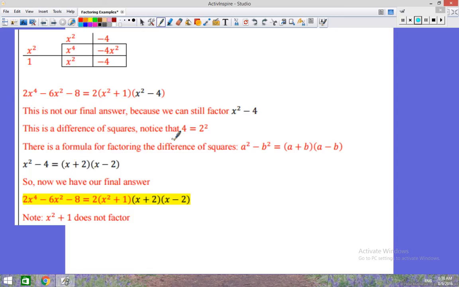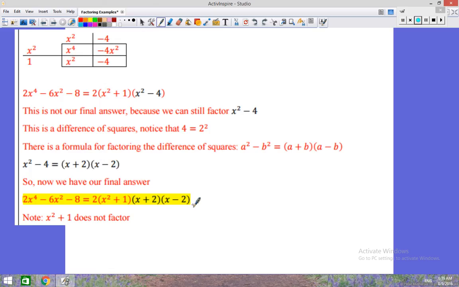If you don't recognize that formula, again, you can do the x method on that. But I'm going to assume that we can remember that formula, especially that we've pointed it out in a previous problem.